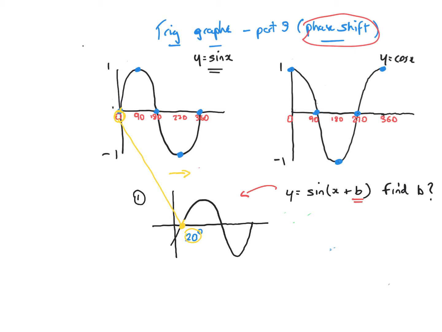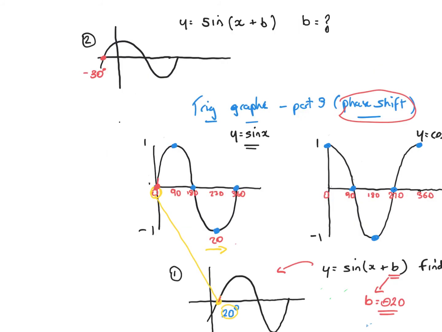So 20 degrees to the right means that b must be equal to minus 20, because remember that you think counterintuitively with that one, right? If it moves to the right, then it's negative, but if it moves to the left, then that's positive. So we can see that it should climb from 0 off the x-axis, but it climbs off the x-axis at 20, so that's 20 degrees to the right, and that means that's minus 20.